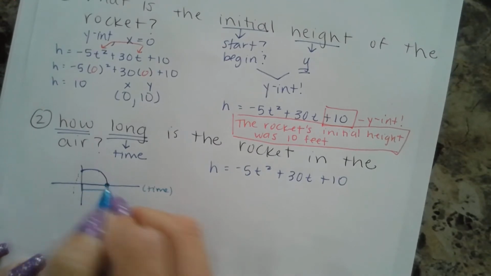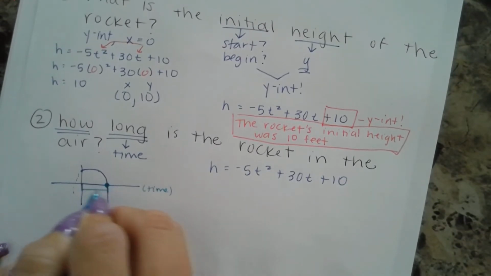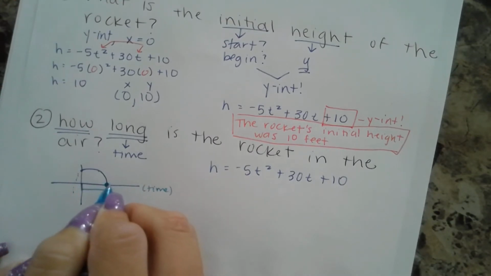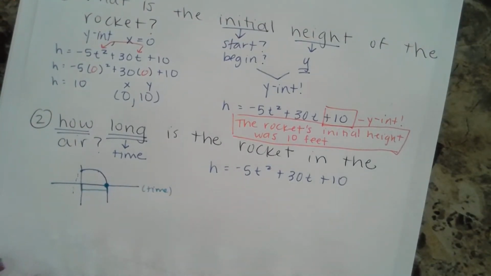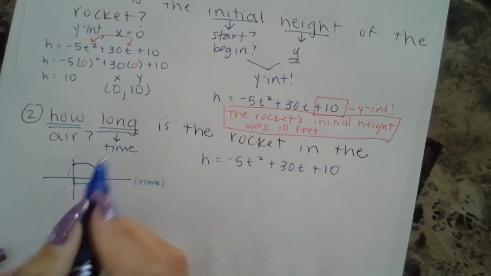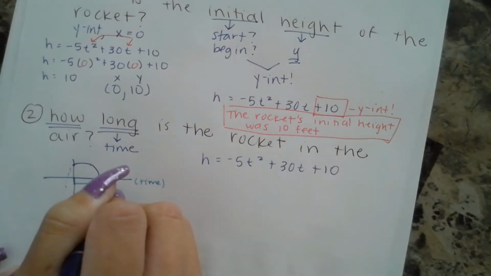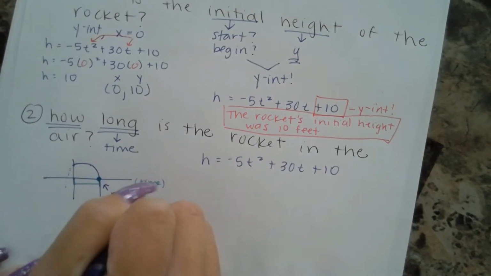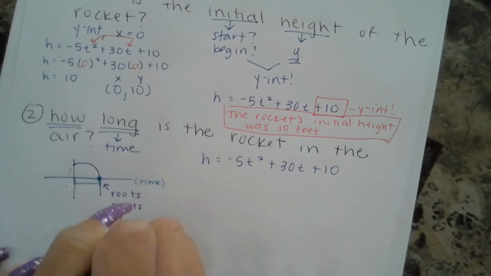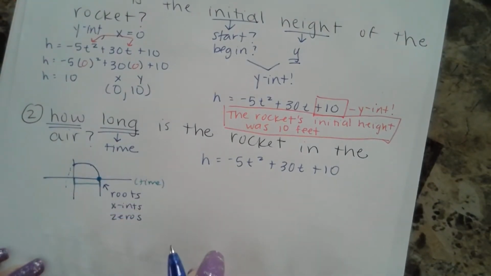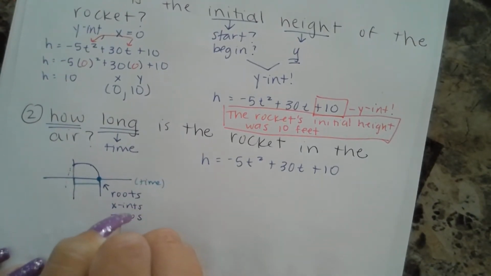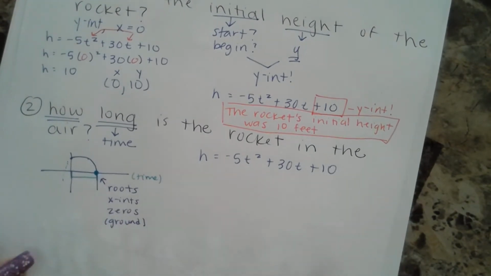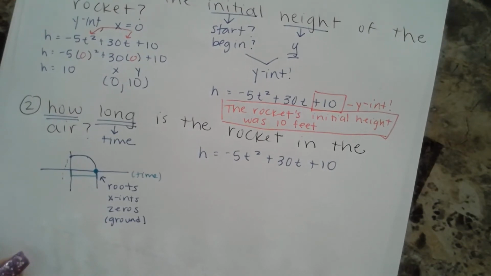How many seconds? 1, 2, 3, 4, whatever it is. We've got to figure that point out. When we are looking for how long in the air, we are looking for our roots, our x-intercepts, our zeros. Another phrase you might see is when does something hit the ground.